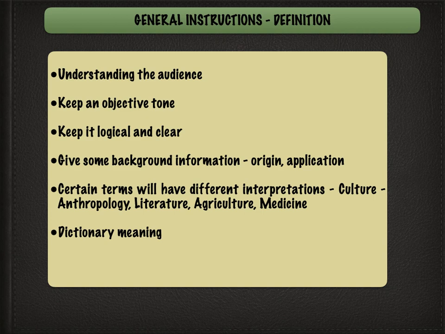If you look at literature, culture is all about how individuals take it in their individual mode. Now, agriculture considers culturing in a different aspect. In medicine, again, this culture comes as a different term. So, with different disciplines or with a change of disciplines, sometimes the same terms would be having different definitions. Or sometimes when you discuss definition, you can also give the dictionary meaning in order to make it more reliable to the readers. So now let's move on to the next one.